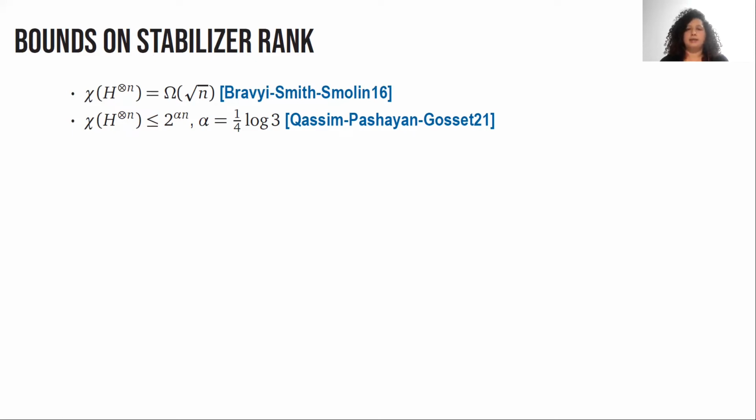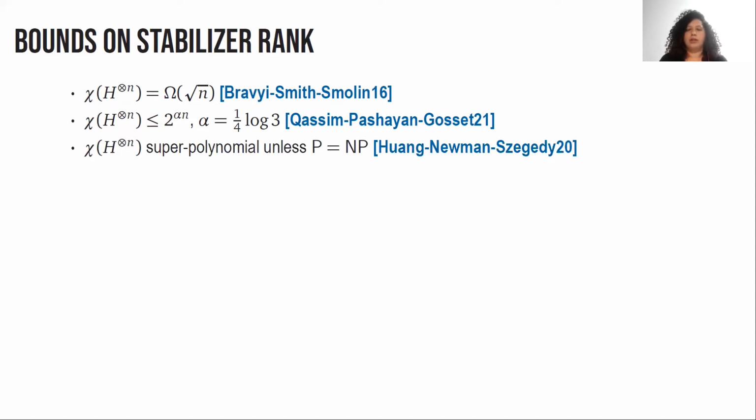This is the last result in a line of work that improves alpha, and this is the best known upper bound that we know of. We also know that the stabilizer rank of the nth tensor power of the magic state is super polynomial unless P equals NP. This is due to Huang, Newman, and Szegedy from 2020.